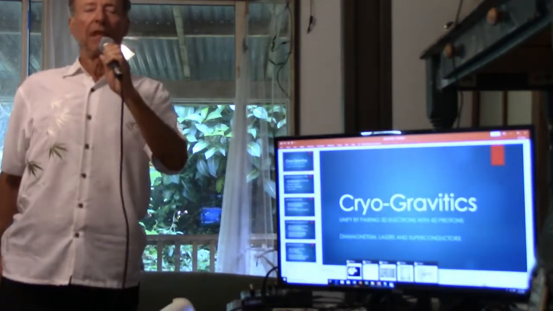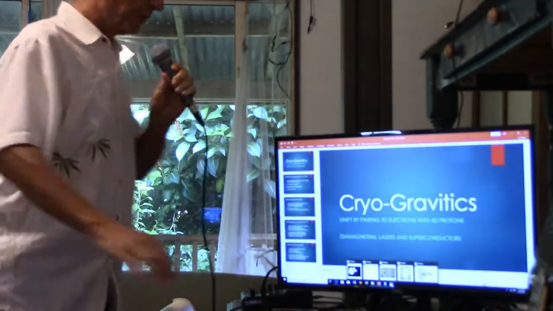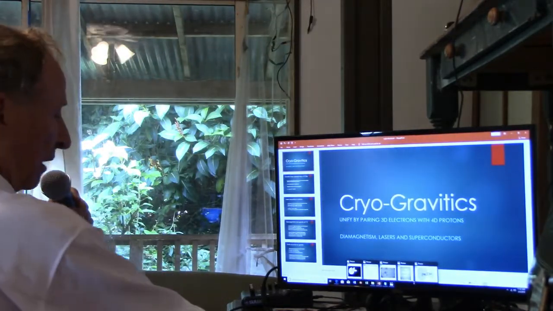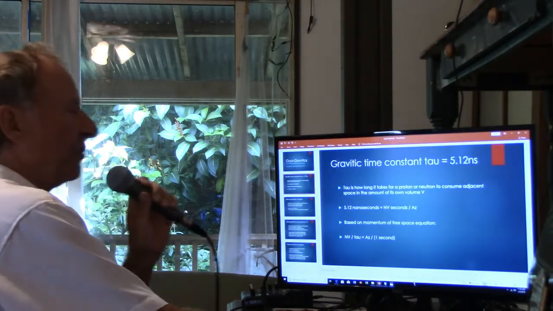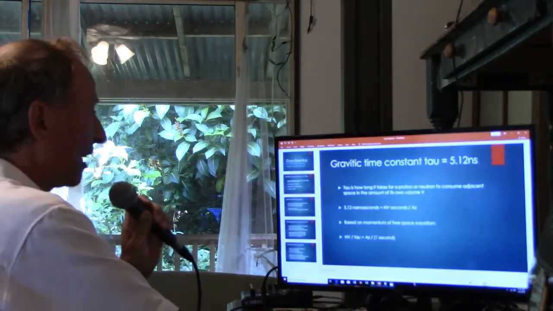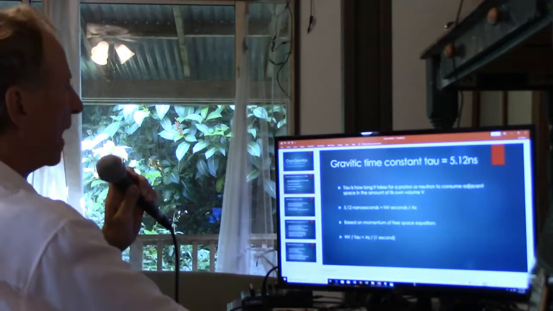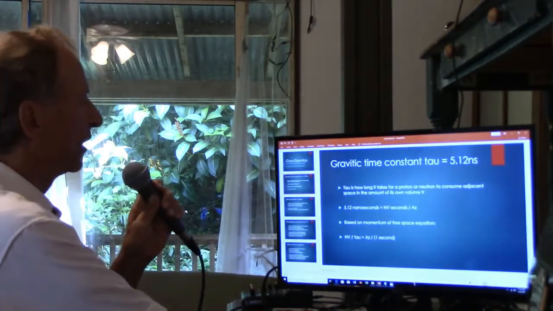For example, as we go through these titles here, we can just look briefly at what the titles are for: the gravity time constant of 5 nanoseconds. We'll establish to unify electromagnetism, atomic orbitals, and gravity.